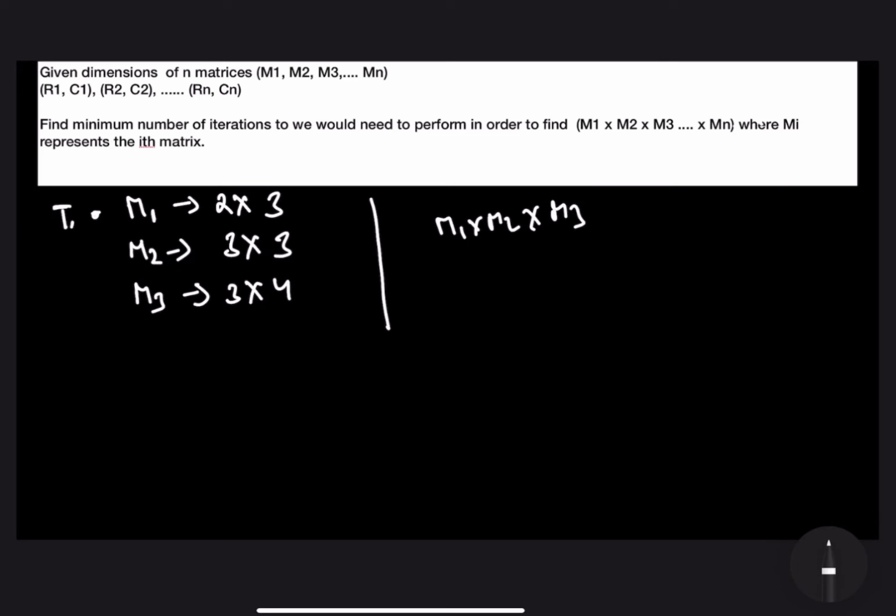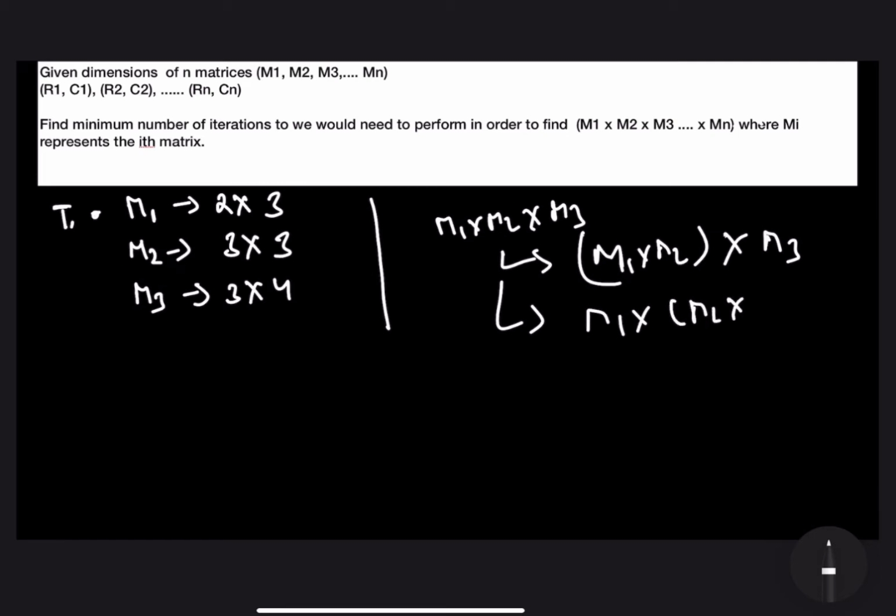You all know that matrix multiplication is associative from the previous properties. So the two ways to multiply these matrices will be by either following this expression, that is m1 cross m2 whole multiplied to m3, or by m1 multiplied to m2 cross m3 whole.